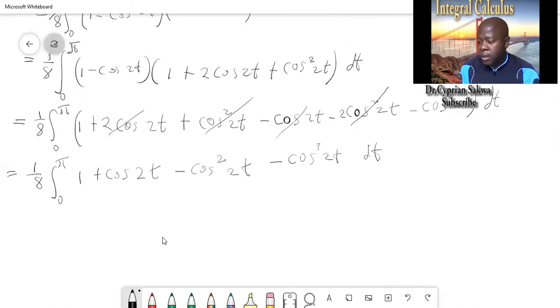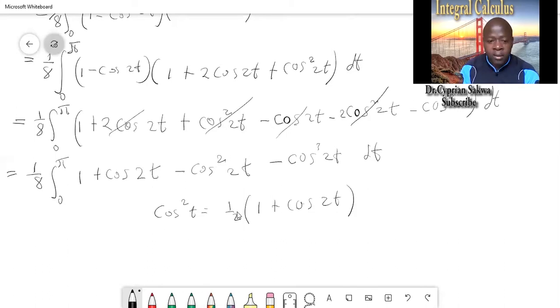Recall what we said from the start. We already said that cos square t is the same as a half into 1 plus cos 2t. So we shall use this to substitute.